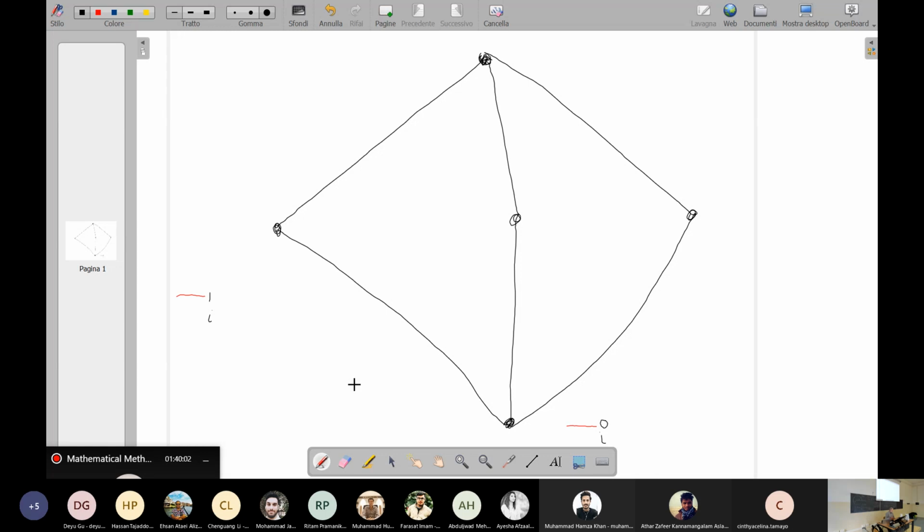So now we have to deal with this and this, okay? And so let's say that they have the same initial string.